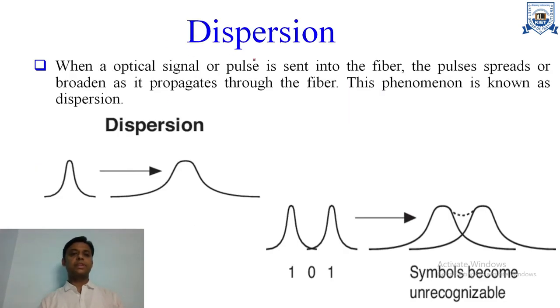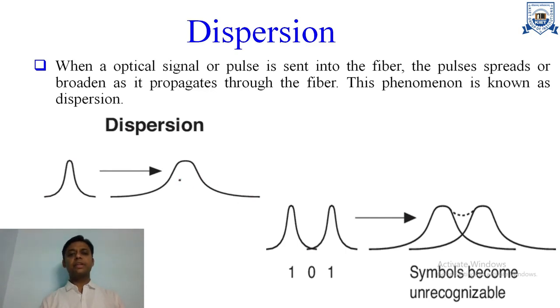Now dispersion. When an optical signal or pulse is sent into the fiber, the pulse is spread or broadened as it propagates through the fiber. This phenomenon is known as dispersion. As we can see here, that is the pulse at the input end, and when we receive it at the output end, the pulse is broadened.